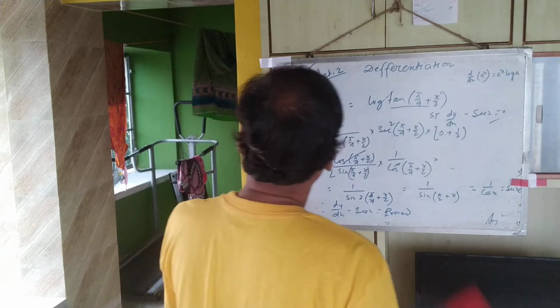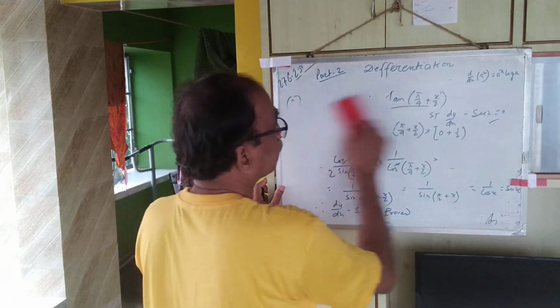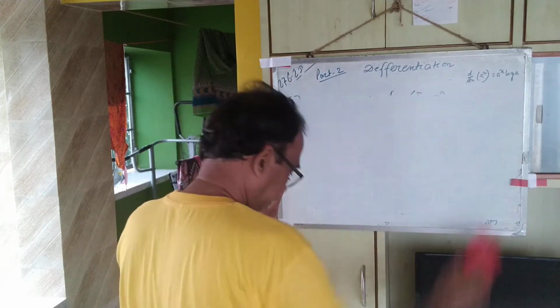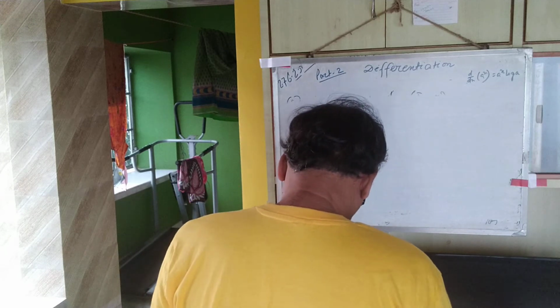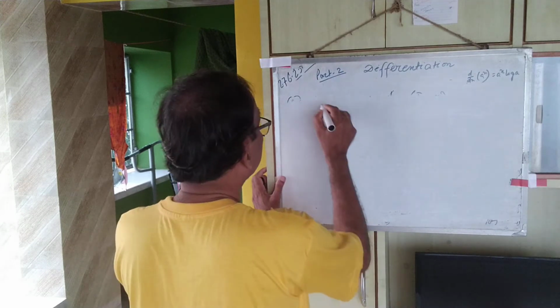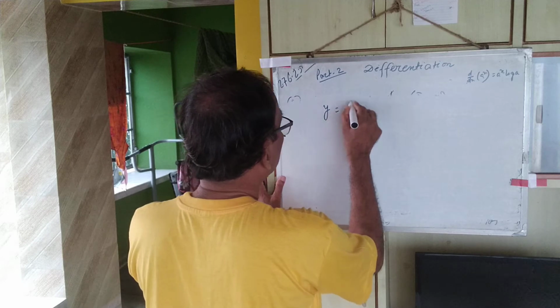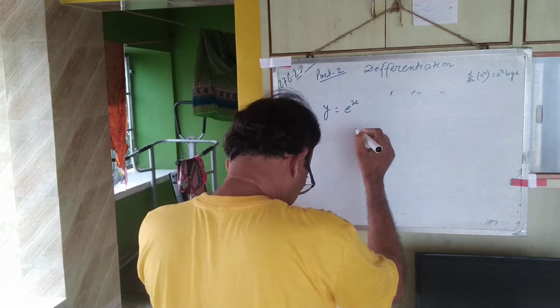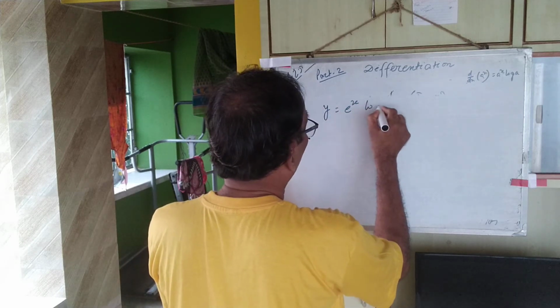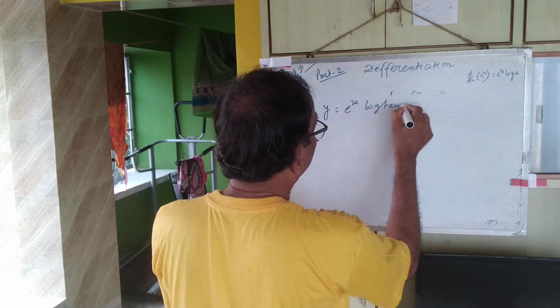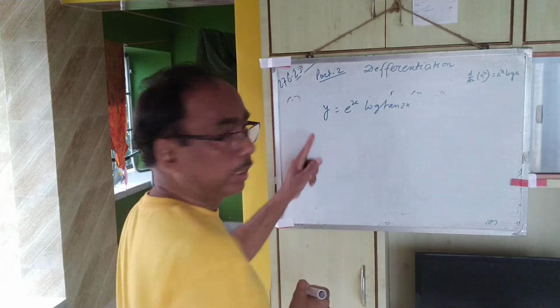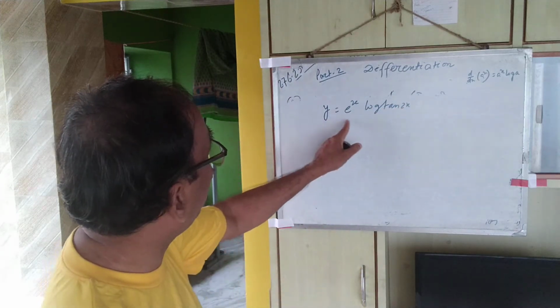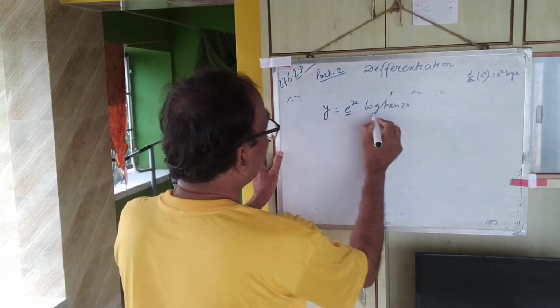Sum number 4. Next, y equals e to the power x log(tan 2x). Here y equals e to the power x times log tan 2x, this is a product derivative.